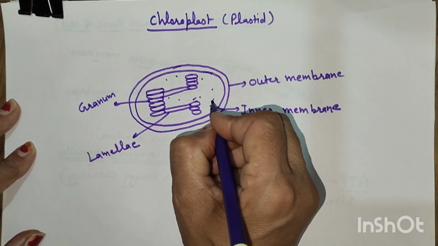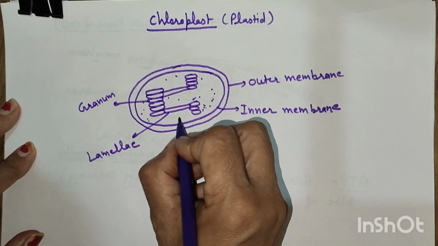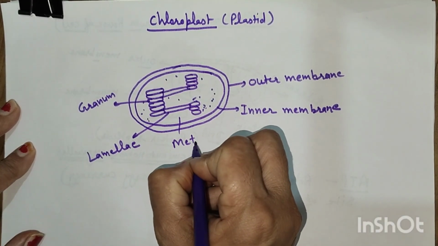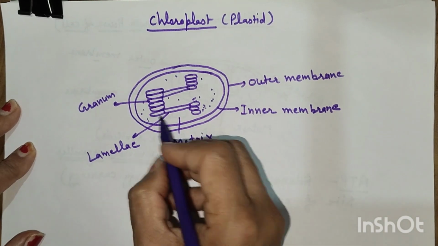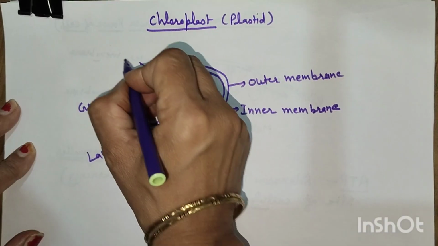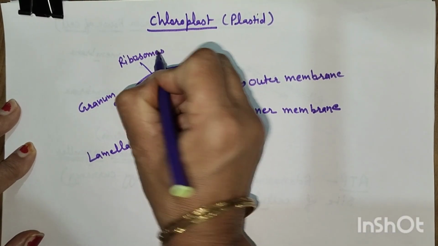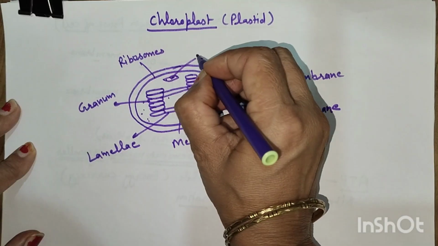It is filled with the matrix and it has its own ribosomes and DNA.